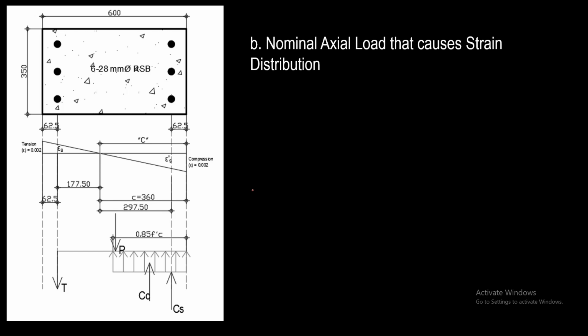In order for us to compute the intensity or magnitude of the compression block, we first have to compute the depth of the compression block, beta 1 C, or 0.85 times 360, which is 306 millimeters.